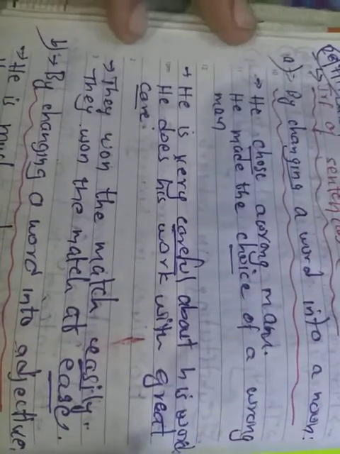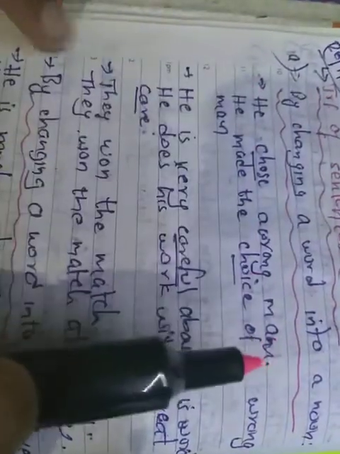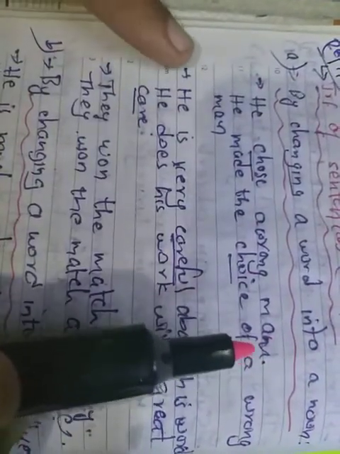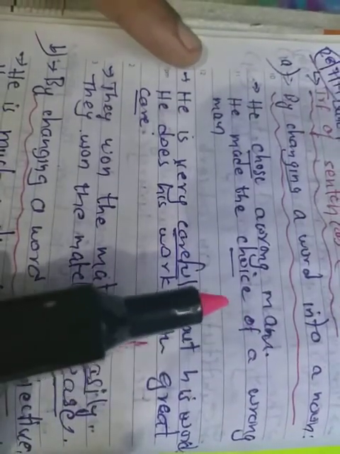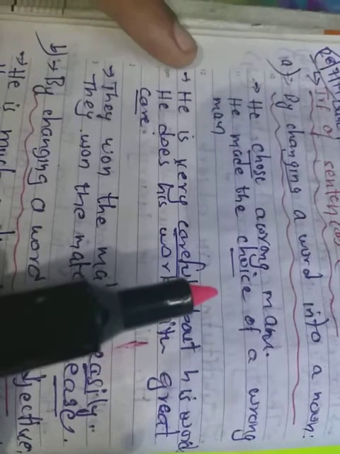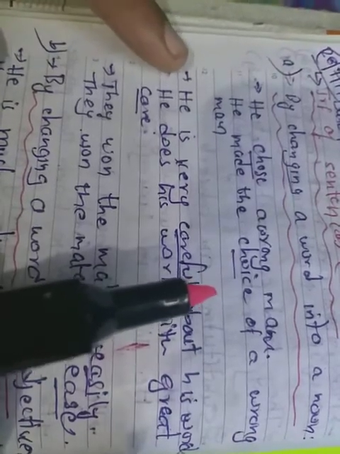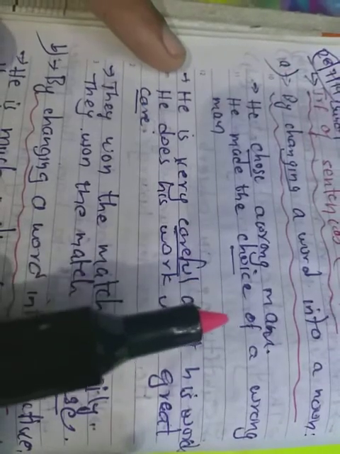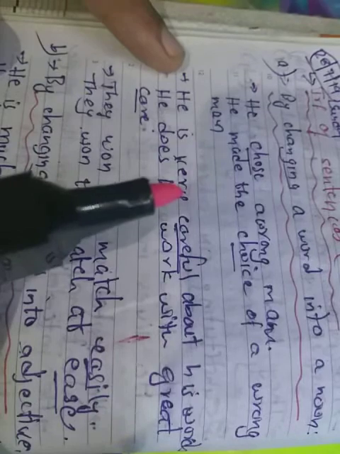Suppose the question is, he chose a wrong man. Here the underlined word is chose. That underlined word we will have to change into another part of speech, that is, as per the question, it should be a noun. That particular word should be made a noun.